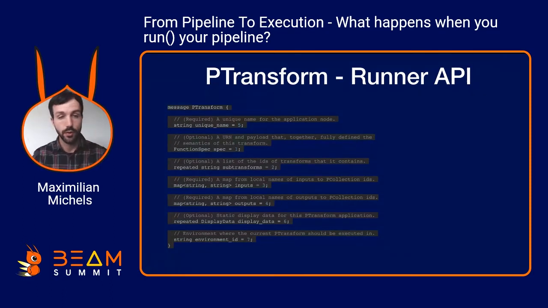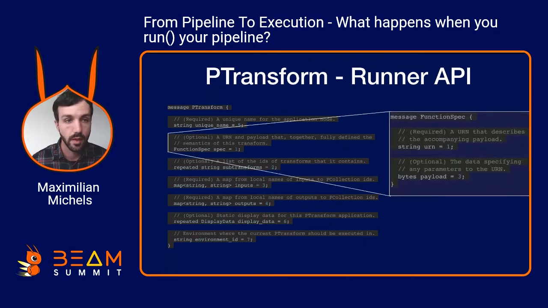If it is a composite transform, it has these sub-transforms. So this is actually preserved in the pipeline, and we'll get to that later to see why that is useful. And then, of course, it has inputs and outputs.